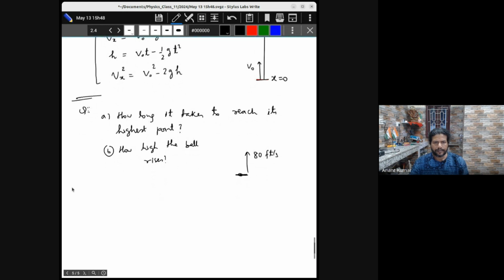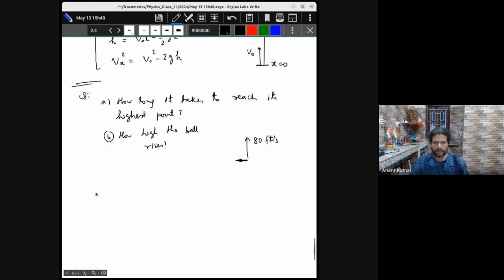Next, the question says that there's a balloon which is ascending.